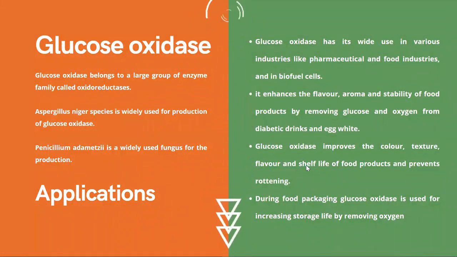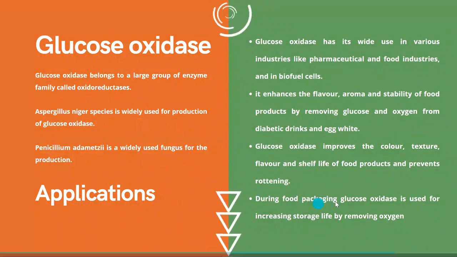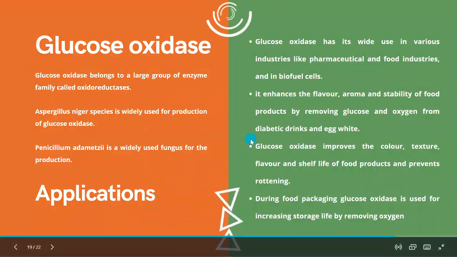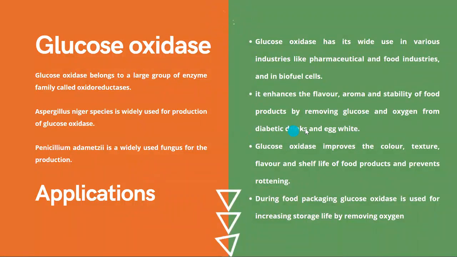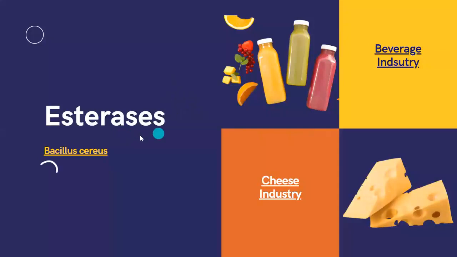If the oxygen is removed, the environment is such that the majority of microbes cannot survive in it. So it helps in increasing the storage life or shelf life of the product. This is the glucose oxidase enzyme.